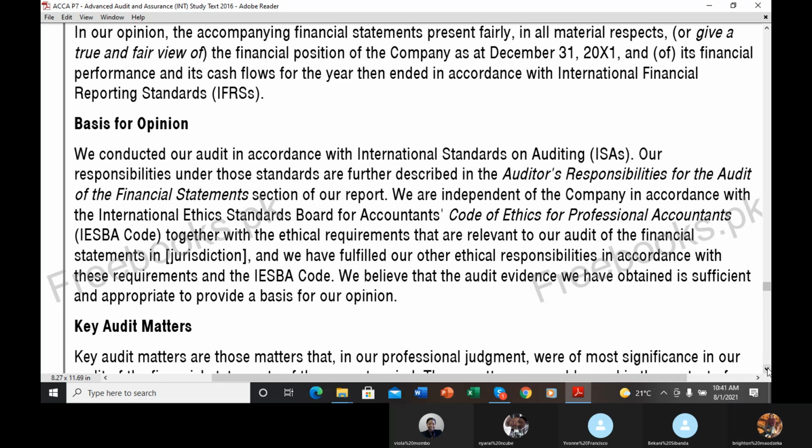And again, you are complying with the International Ethics Standards Board for Accountants, the provisions of the Code of Ethics for Professional Accountants. Under basis for opinion, you should clearly indicate that when carrying out your audit, you were complying with the international standards on auditing and the Code of Ethics for Professional Accountants, and that the audit evidence you have obtained is sufficient.